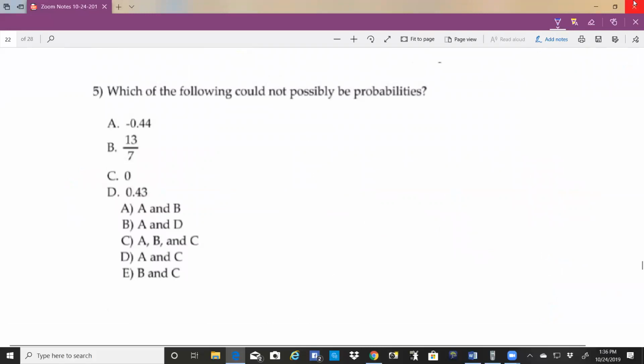Which of the following could not possibly be probabilities? Which combination?